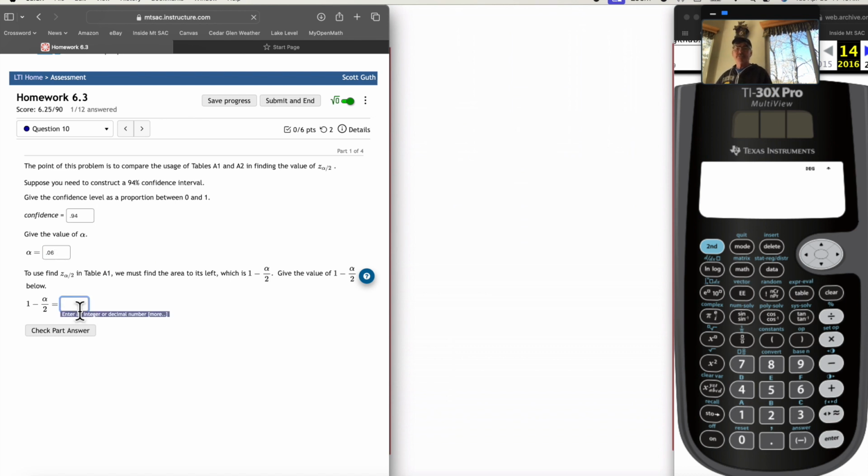Now, what's this thing all about? The area to the left of z alpha over 2. So if you remember how table A1 works, you have to find the area to the left of your z-score. So it only works with areas to the left.